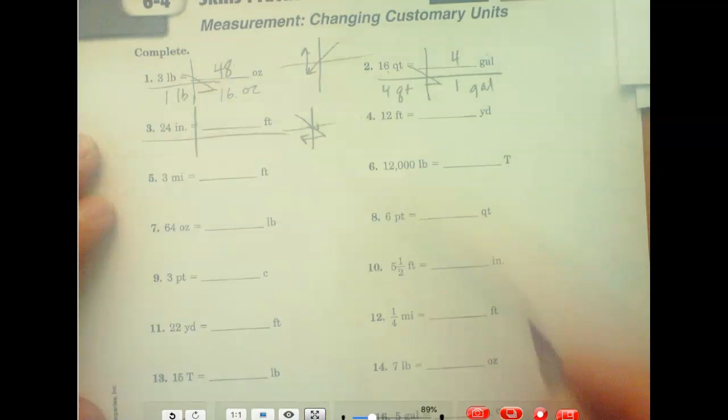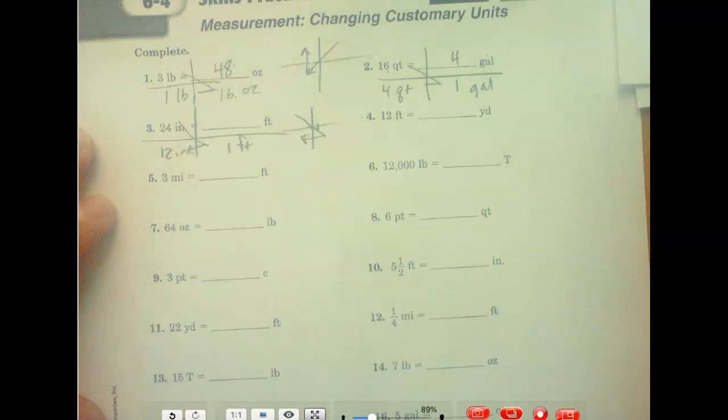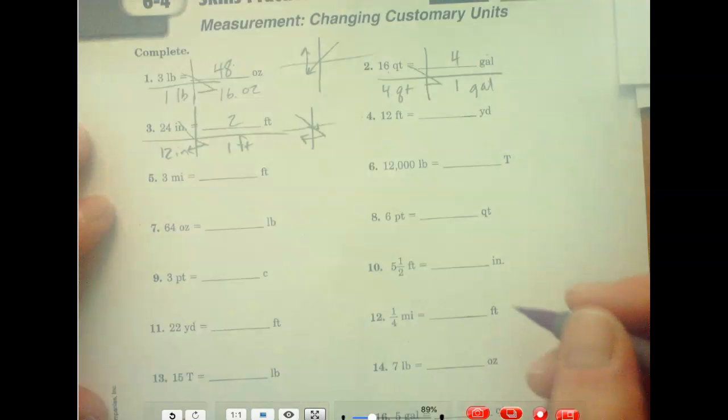All right, let's go ahead and here do this. 24 inches is how many feet? Well, let's see. In 1 foot, there's 12 inches. So 24 times 1 is 24, divided by 12. You can use a calculator on this, is 2 feet. And we just keep going on down the line. Here's another one down here.